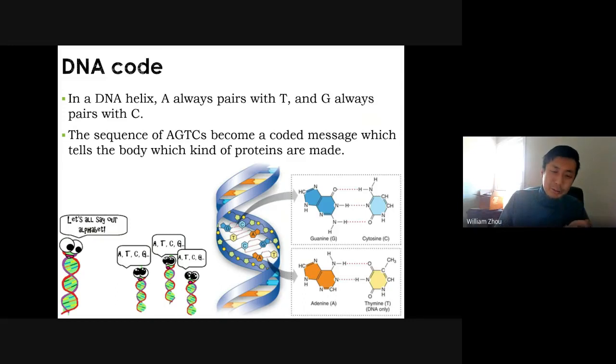These 4 letters are the alphabet of the DNA language. Okay, you can read DNA by reading the sequence of the letters A, G, T, C. They mean something. These sequences will determine what kind of proteins are made. If you change a letter, you change the message, which changes the protein that is produced.